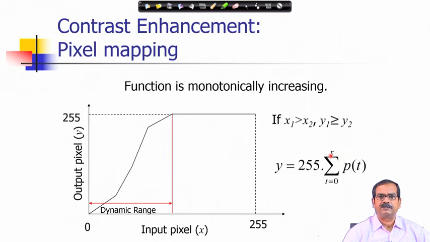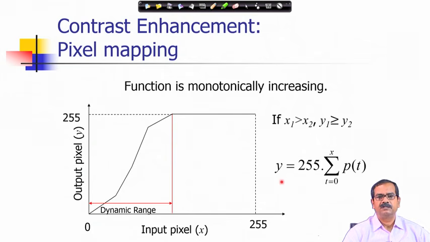That is why you require this property. One popular function used in this case is from the probability distribution of the pixel itself. This is a cumulative distribution, and you scale it by 255, assuming the range is from 0 to 255.